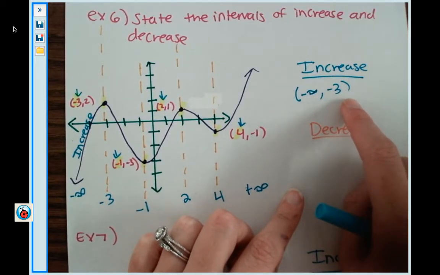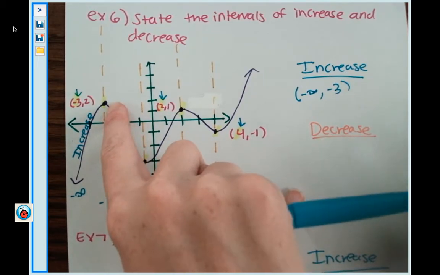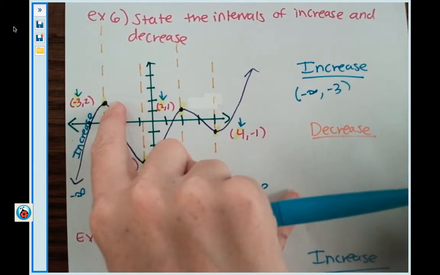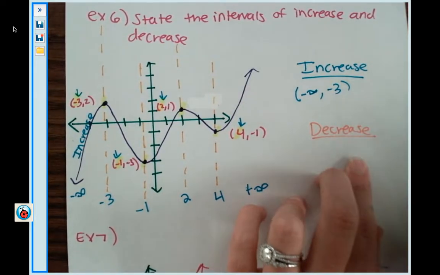It's not increasing and it equals -3 because at -3 on the x, it's transitioning from an increase to a decrease. So when we write intervals of increase and decrease, we don't use any brackets, only parentheses. Sorry, guys, I misspoke. Only parentheses we will be using.